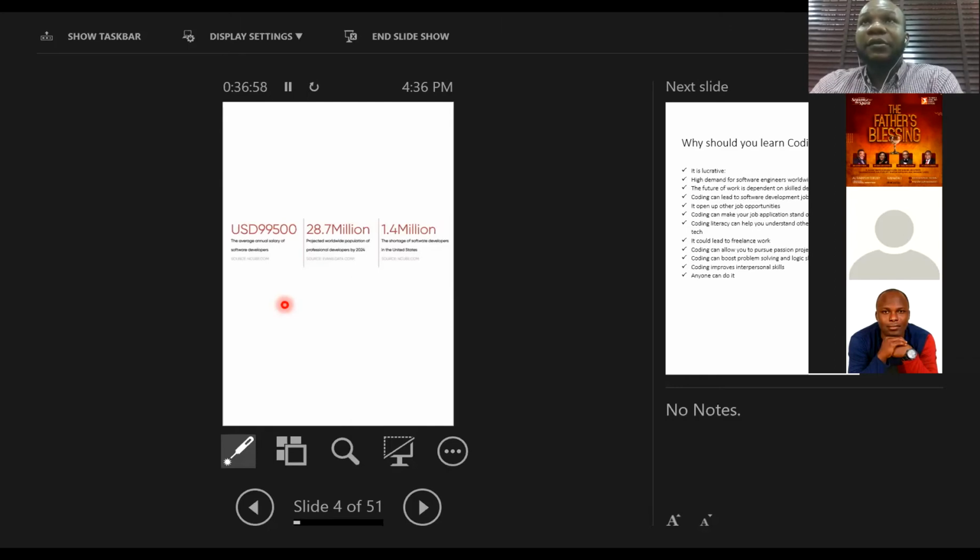And currently in the United States, there is a shortage of 1.4 million software development jobs in the US alone. Now, I'm saying in the US alone because the US is actually one of the standards, okay, because of its very vast population, and of course, it's seen as one of the most advanced. It's the most advanced country in the world.